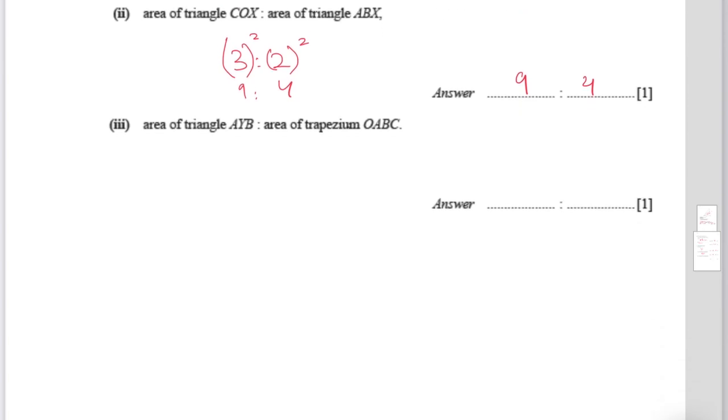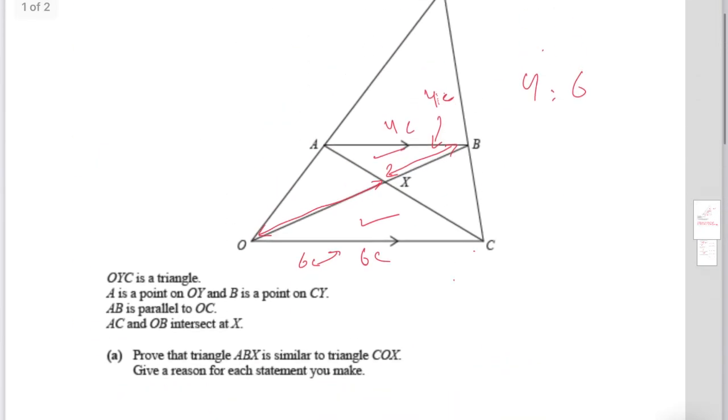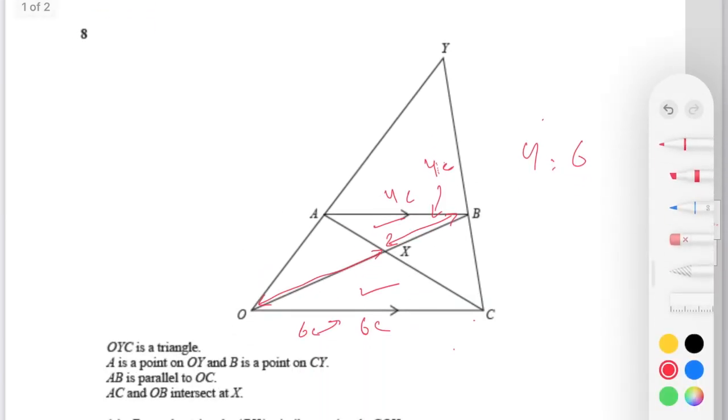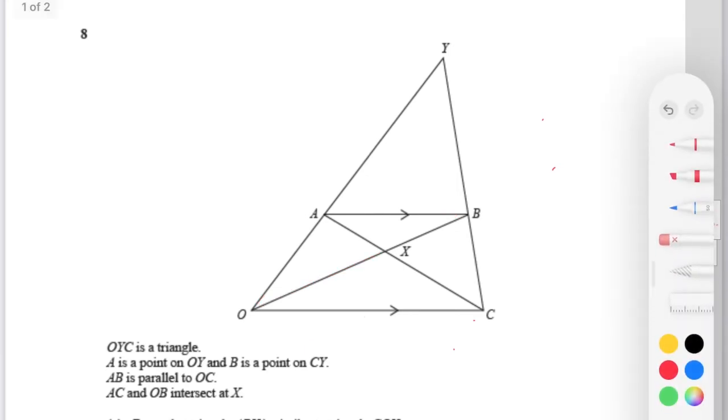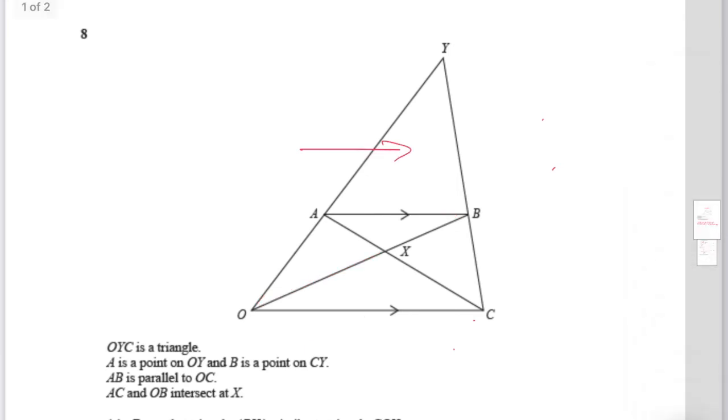The last part of the question says area of triangle AYB compared to area of trapezium OABC. So let's clear this up and make room for the last part. They've asked us to find the area of this compared to the area of the trapezium. In order to compare their areas, we have the length over here of AB, which is 4c.